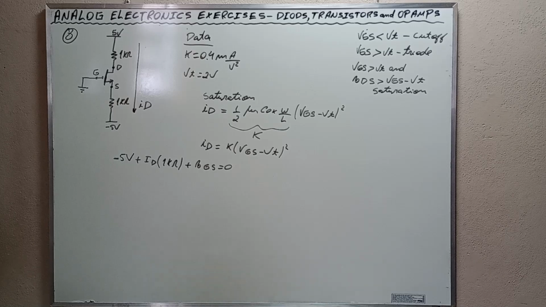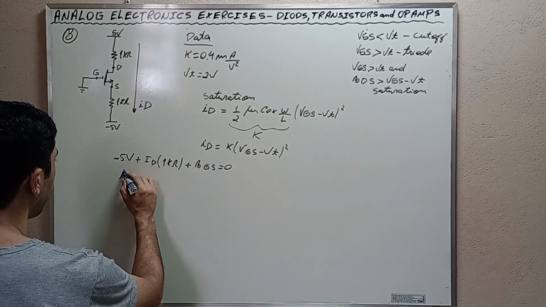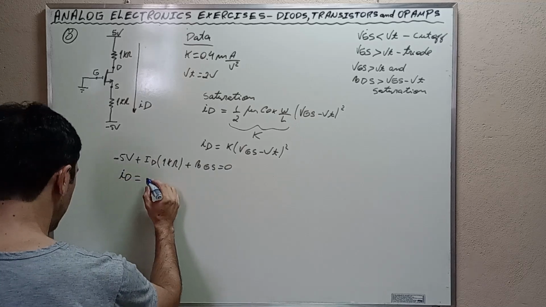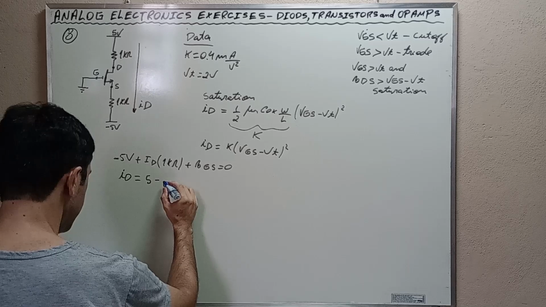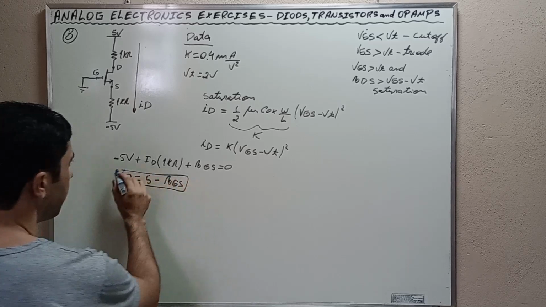Using this expression and rearranging, we find that ID is equal to 5 minus VGS, okay?